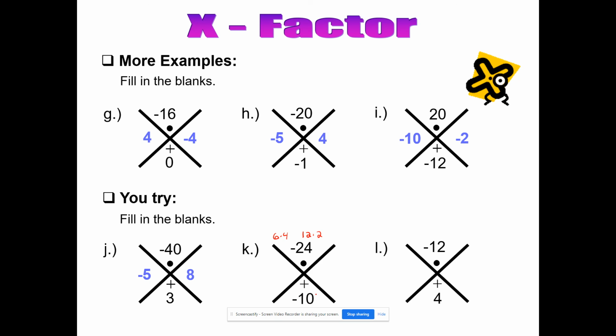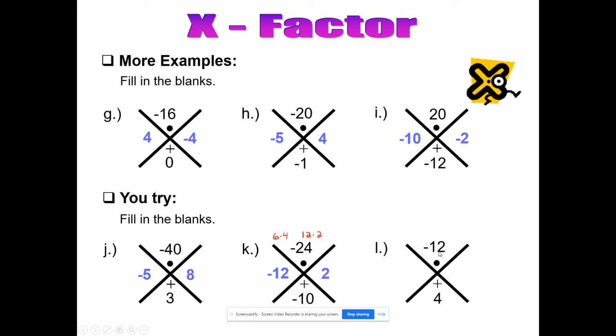So that's a challenge one right there. Now, if I make them both negative, I would get negative 10, but then that would give me positive 24. Now, if I make this one negative and this one positive, then that would give me negative 10 and negative 24. So it's actually going to be negative 12 and 2. Okay, that's a tough one.